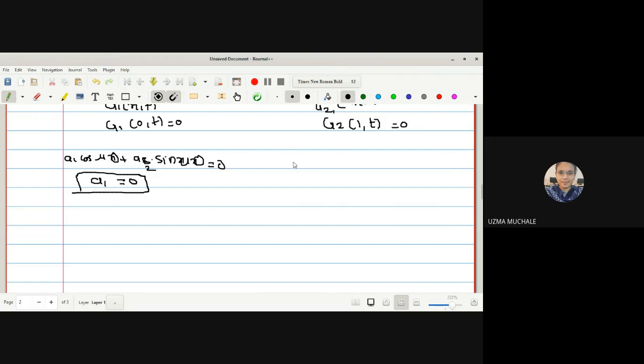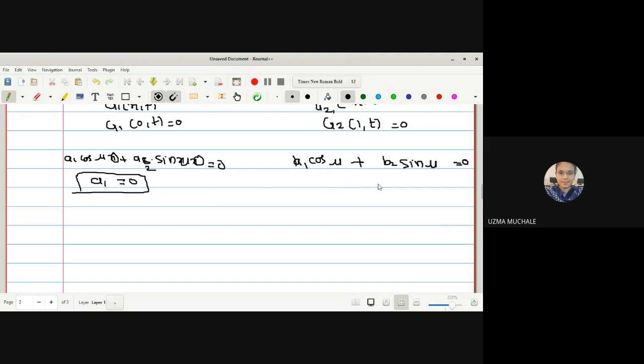Similarly for G2, what we can write is b1 cos mu, instead of x you have to write 1, plus b2 sin mu into 1 is equal to 0.